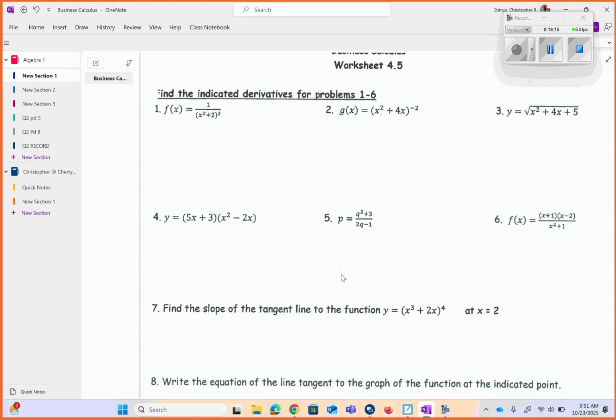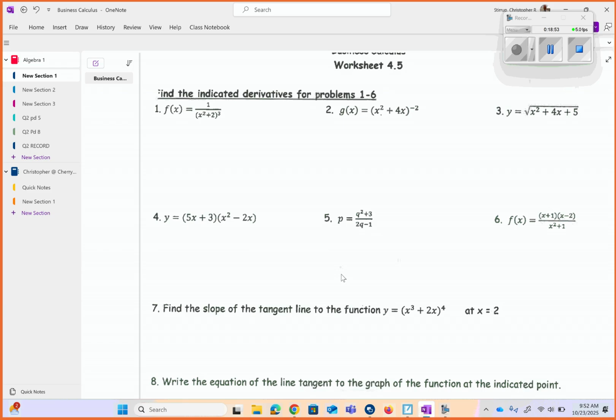I have to look at my book, so I always forget things. Let's see, quotient rule.